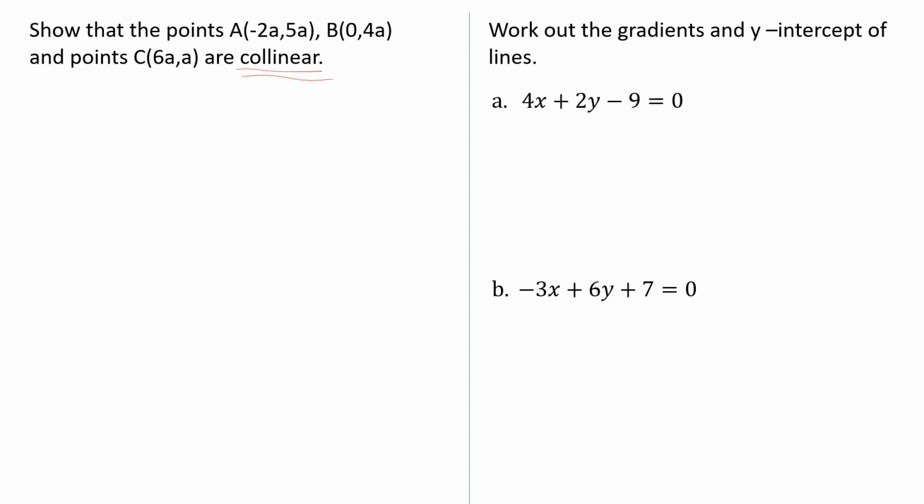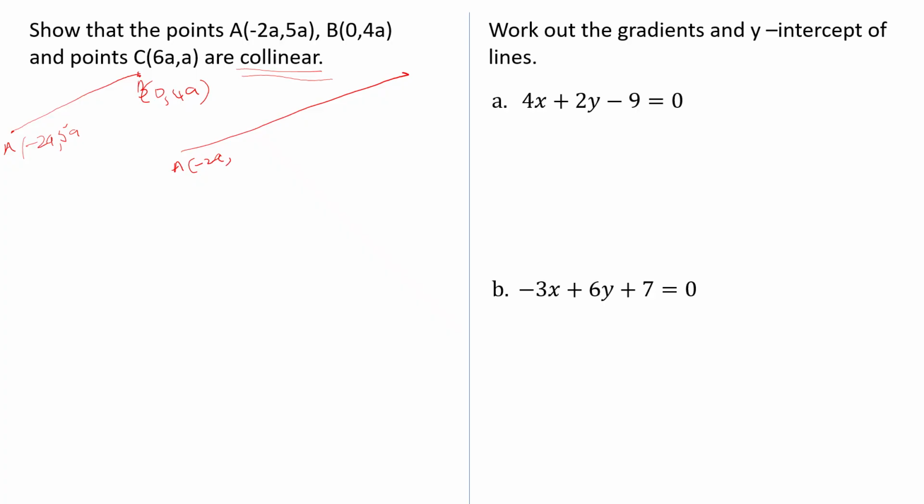So first I'm going to calculate the gradient of points A and B. A is (-2a, 5a), point B is (0, 4a). You can choose any two points, AC or BC. I'm going to choose AC.